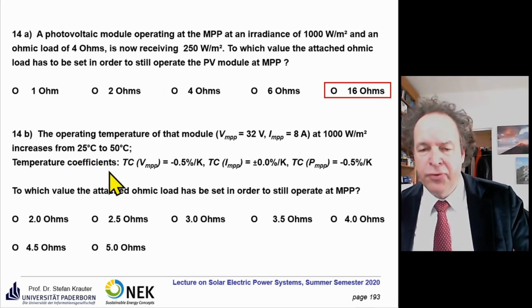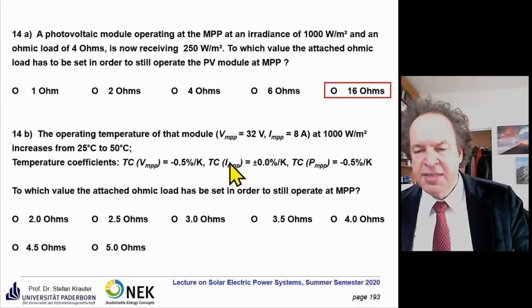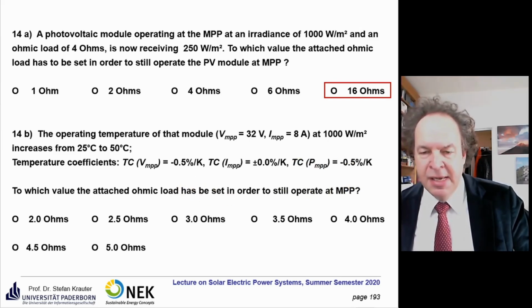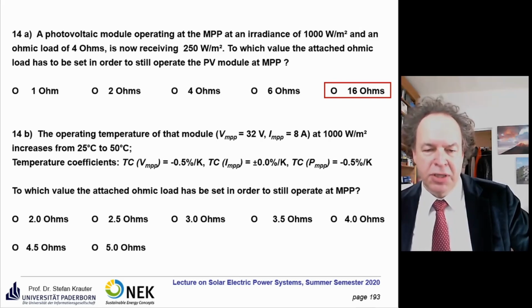Temperature coefficients are given: for the voltage in the maximum power point it is minus 0.5% per Kelvin, for the current it is 0, and for the power output it is the same as for the voltage, minus 0.5% per Kelvin. The question is what load we have to put there in order to still operate in the maximum power point. We know already it was 4 ohms.